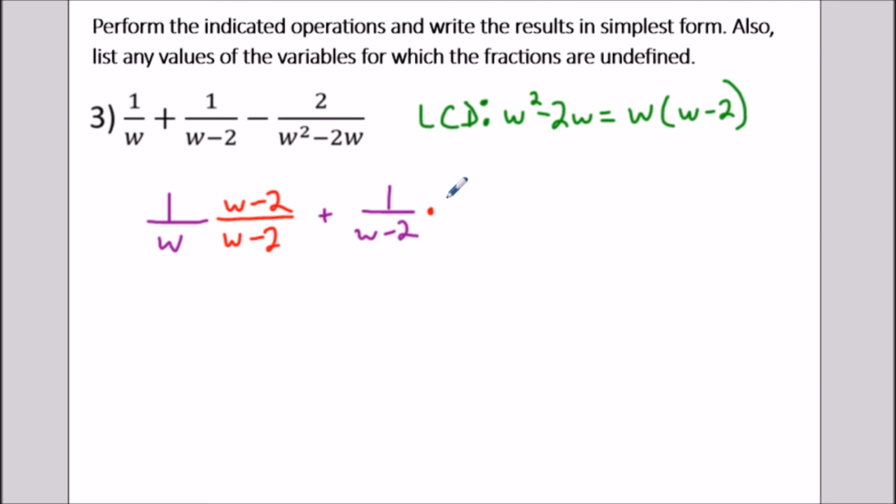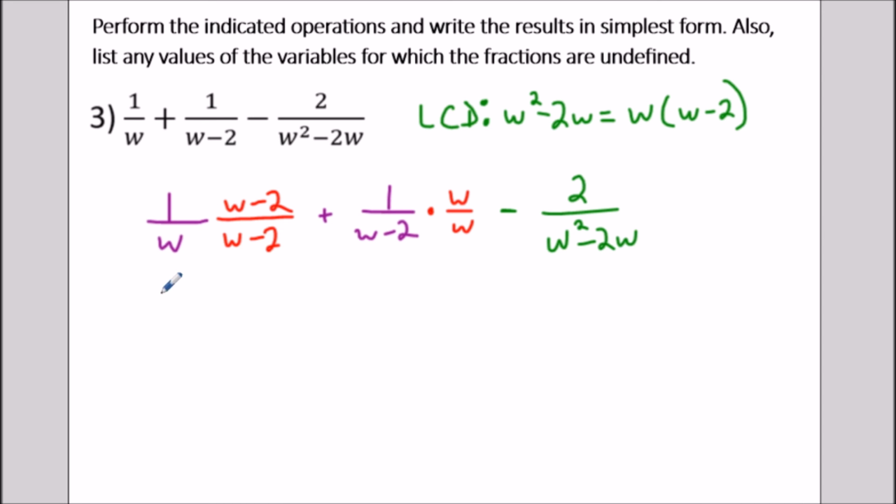So we would multiply the second fraction by w over w. And then, once again, the last fraction, the minus 2 over w squared minus 2w, can be left alone because the denominator is made up of the factors w and w minus 2. So this is all the same.